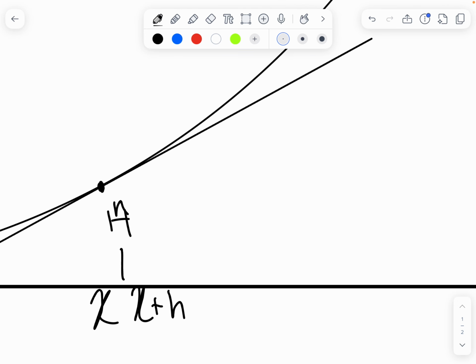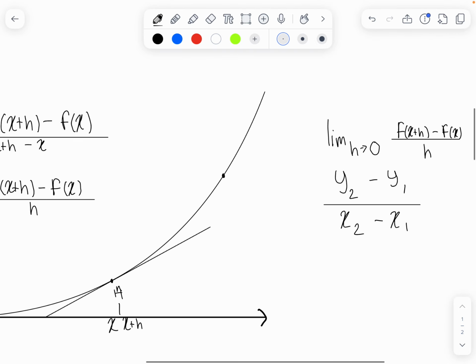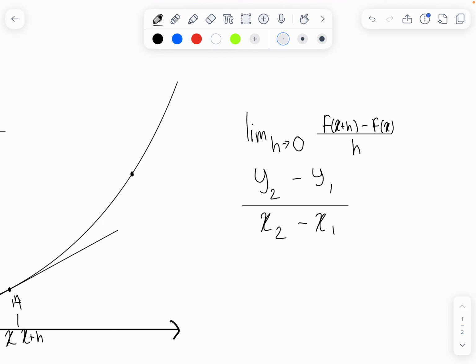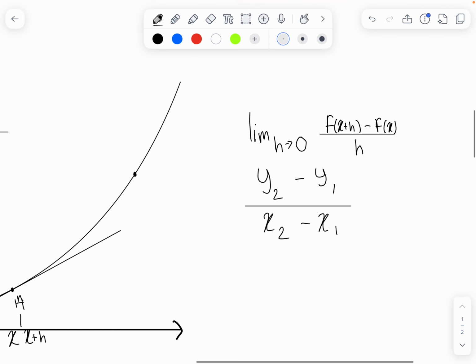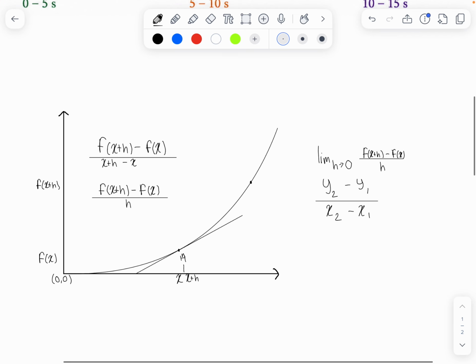It turns from a secant to a tangent. So this is what the derivative formula is. It will infinitely approach 0, but it will never reach 0. Hence, that's why we call it a limit. So the limit as h approaches 0 of f of x plus h minus f of x over h. And that's how you derive the derivative formula.